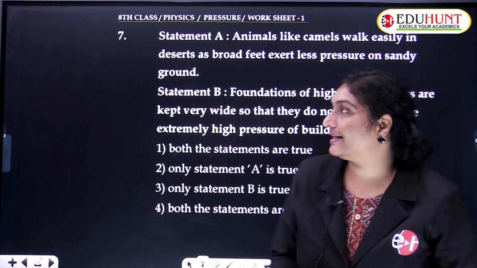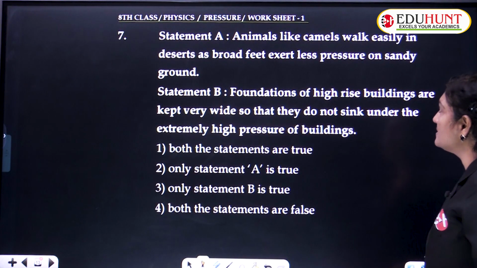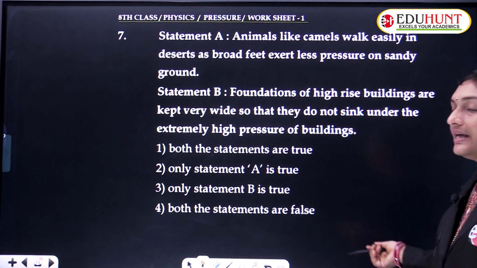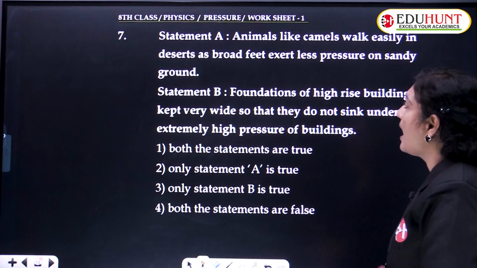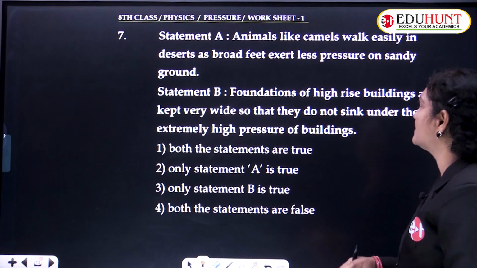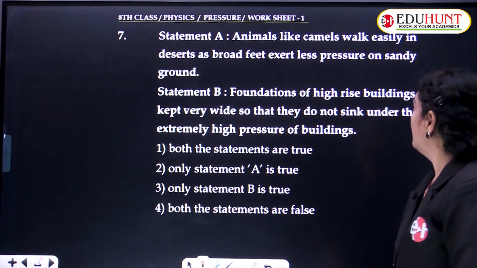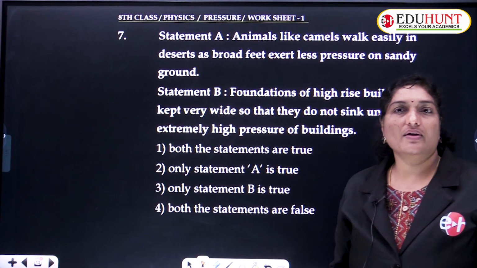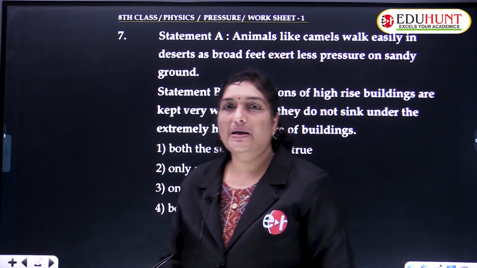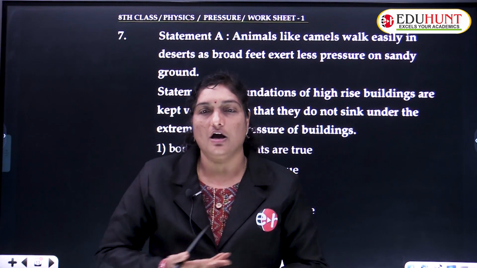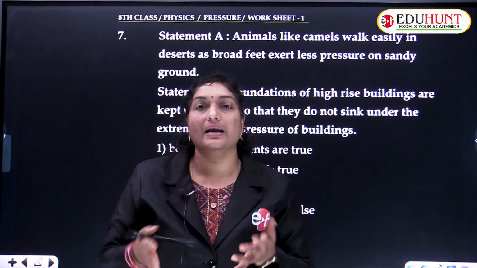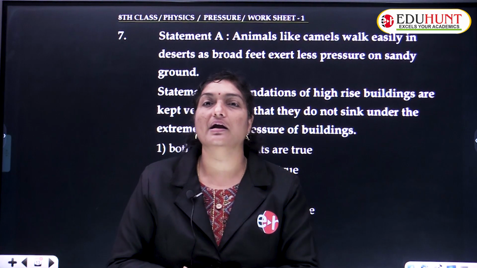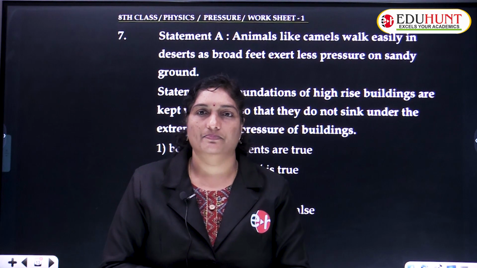Statement 1 says that animals like camels walk easily on deserts as broad feet exert less pressure on the sandy ground. This is what we have learned in the concept. Because of the wider feet of a camel, it exerts less pressure on the sand.